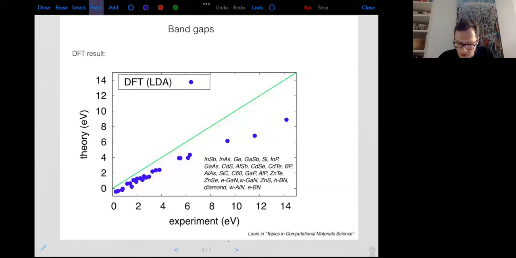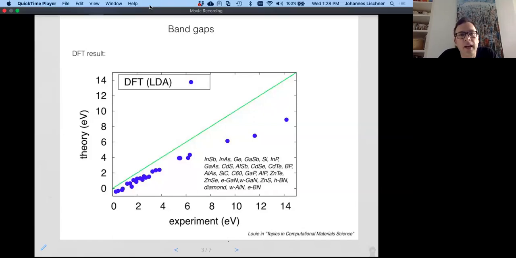So that's why these band gaps are very important. And we would like to calculate them accurately, but DFT, at least with these simple approximations to the exchange correlation energy, tends to fail.